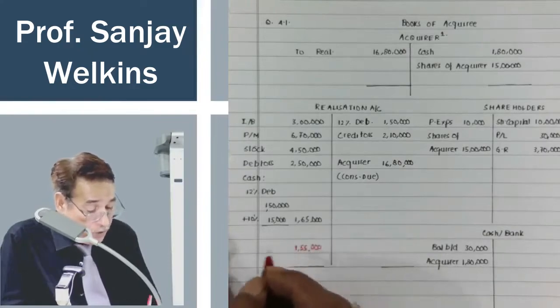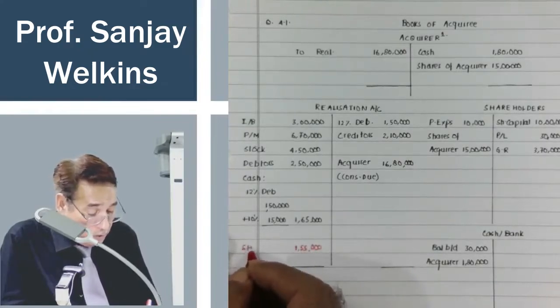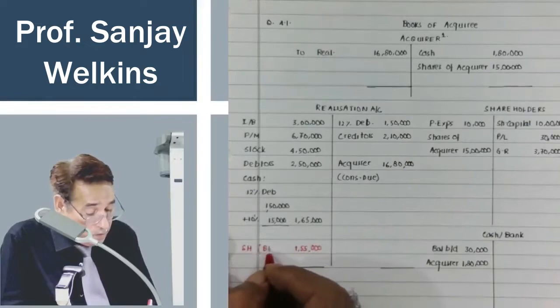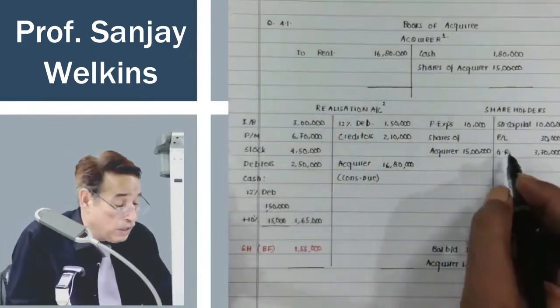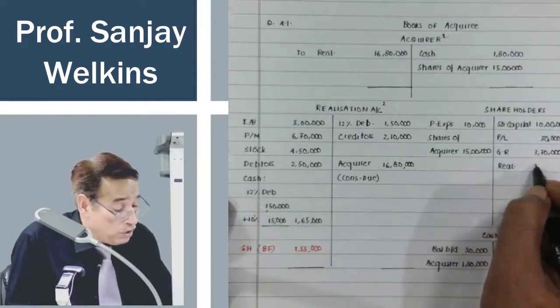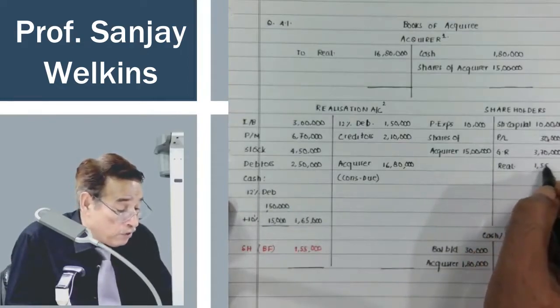This profit will be transferred to the shareholders account. Balancing figure. So the realization account will be closed at number 2. After the realization account is closed, first of all, you write this amount, profit, in the shareholders account by realization. So realization profit 1,55,000.